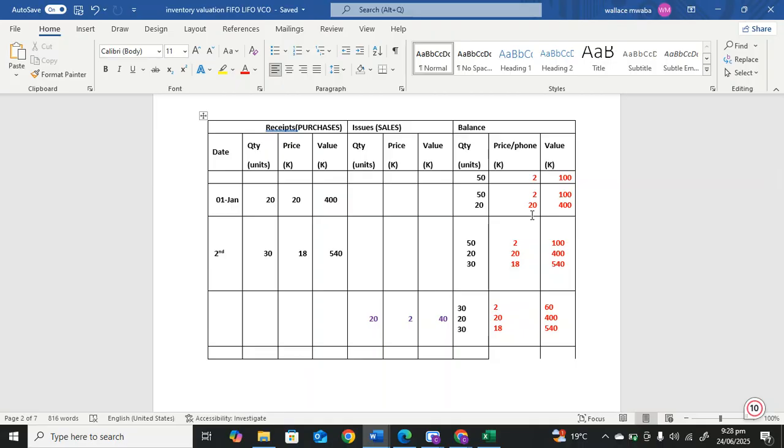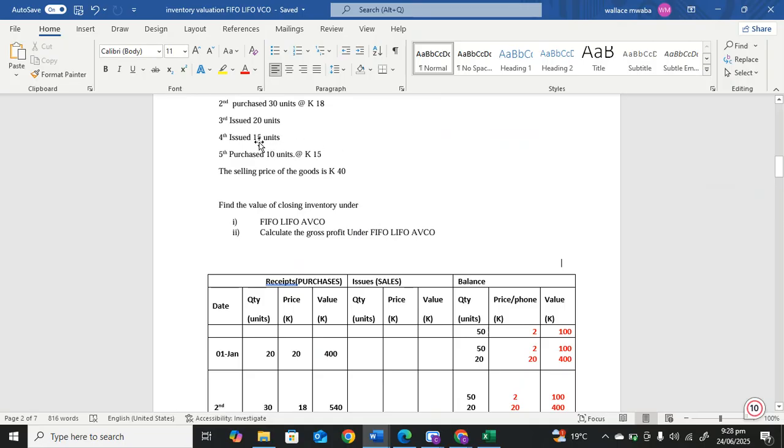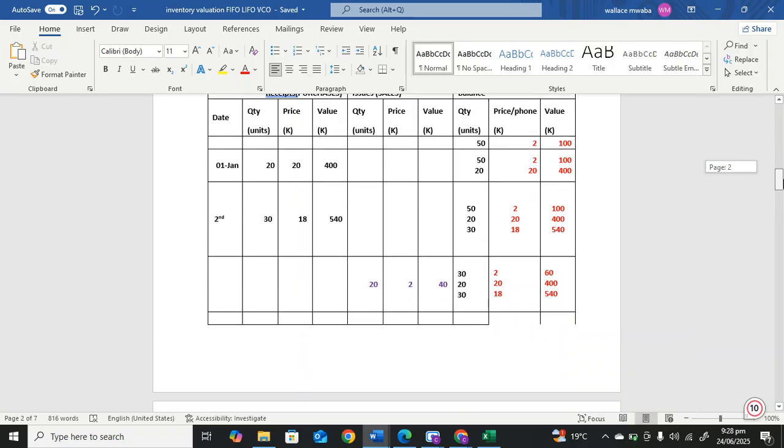And you deplete the first batch. So as you can see, to answer your question again, with the next transaction, we've issued another 15 units. These 15 units are going to come out from this batch, which was there the earliest, these 30 units valued at 2 kwacha.